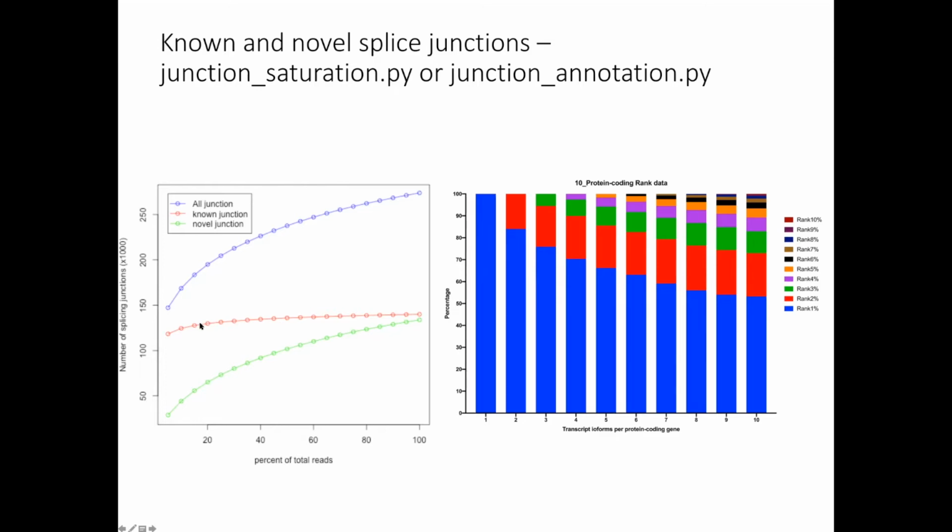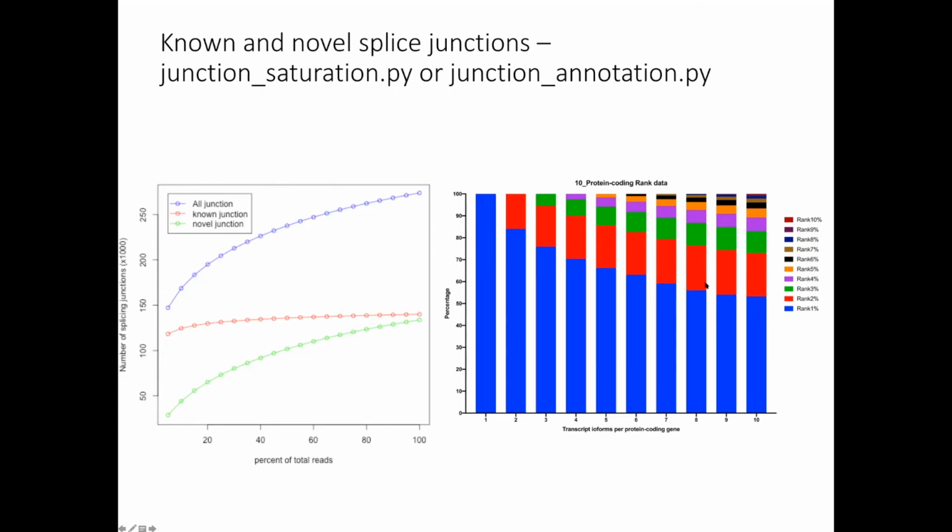So you won't find any more of the already known annotated intron exon junctions after 50 million reads. You have basically saturated all those. But then there are a lot of novel junctions, and those are new ones being found all the time, the more you sequence.